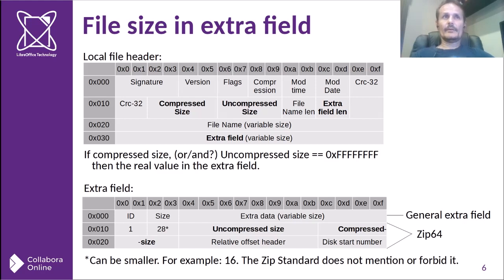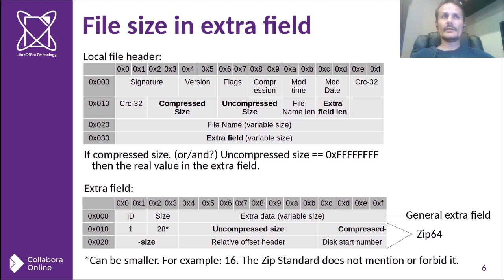The file header in the central directory seems similar to this, it has the same data and a lot more too. So I just draw this here because it's simpler.